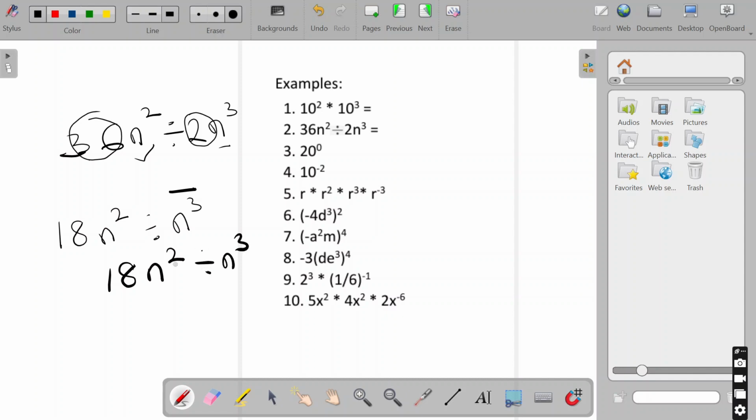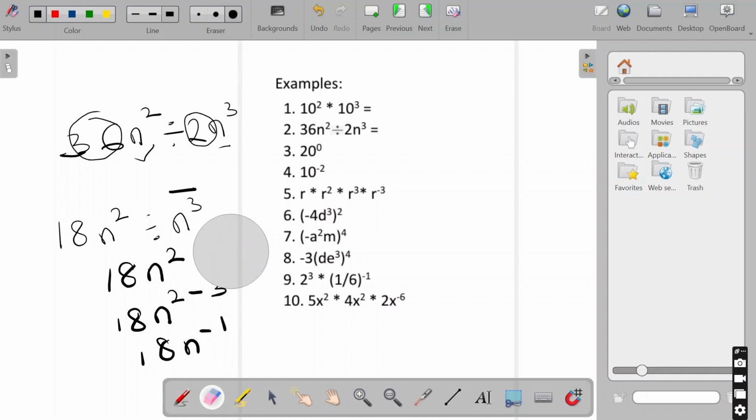All you need to do is subtract, because division becomes minus. That's 2 minus 3, so that will give you 18n raised to power minus 1, and that is the answer.